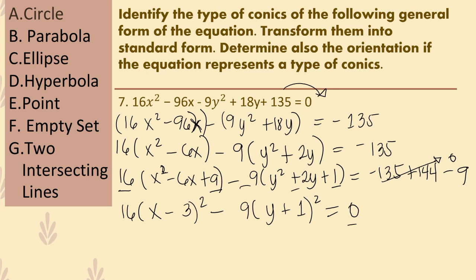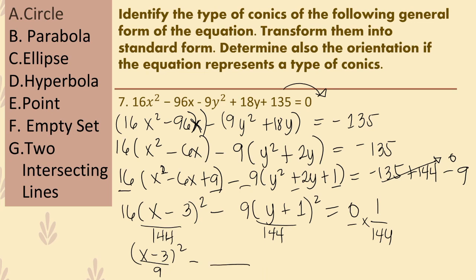Multiply natin both sides by 1 over 144. So, magiging 16 over 144 is 1 over 9. So, magiging x minus 3 squared over 9 minus 9 over 144 is 1 over 16.